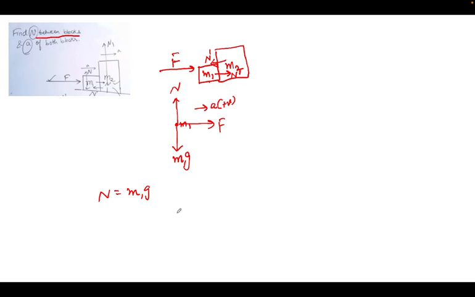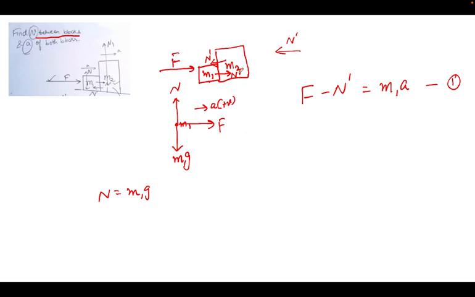So from here we can write F, which is on the positive side, minus n dash, which m2 is applying on m1 in the opposite direction, equals the total force, and m1 is accelerating, so we can write m1a. So this is the free body diagram for mass m1.